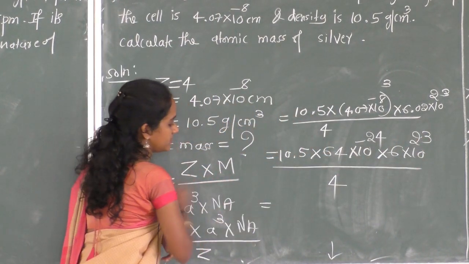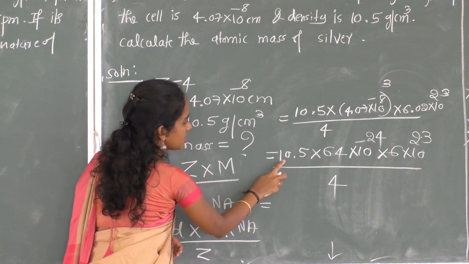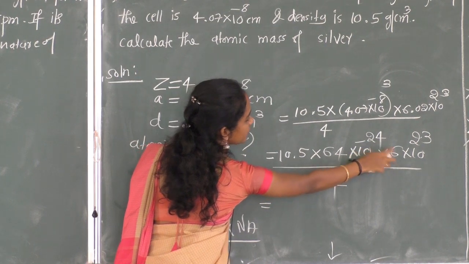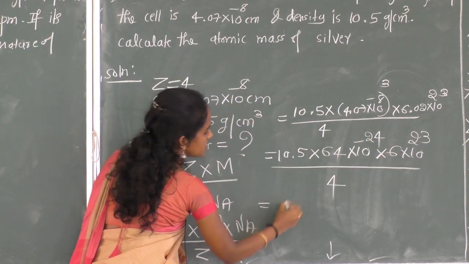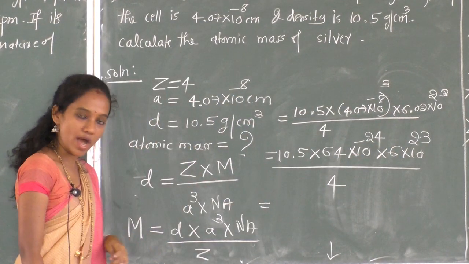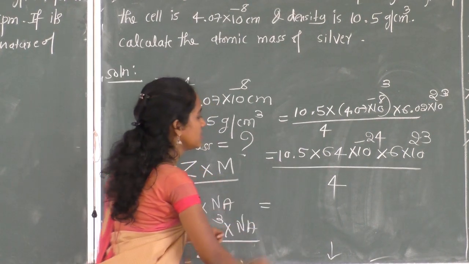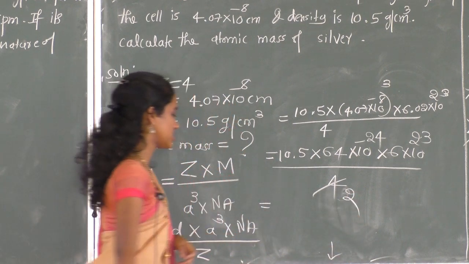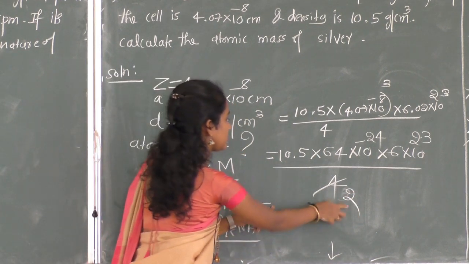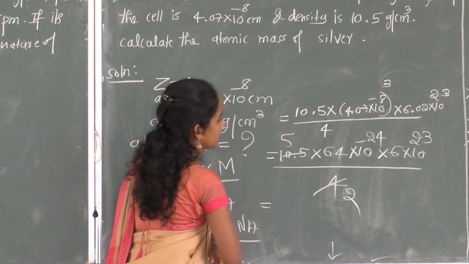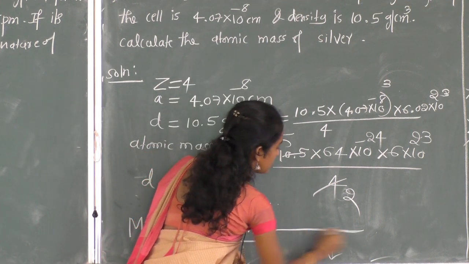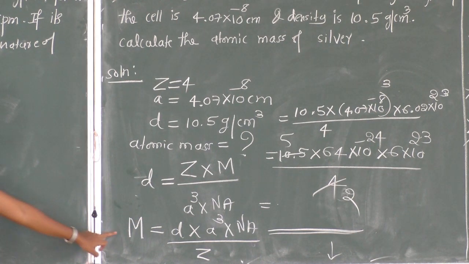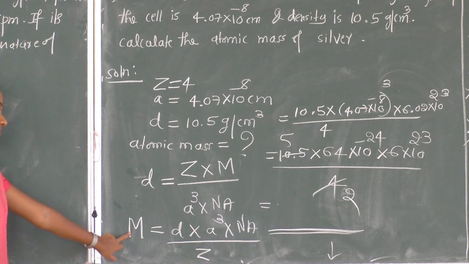So what is the answer? See, 10 to the power minus 24 into 10 to the power 23, it is 10 to the power minus 1. So here you can do the simplification. So calculate the answer here. That is the value of molar mass.